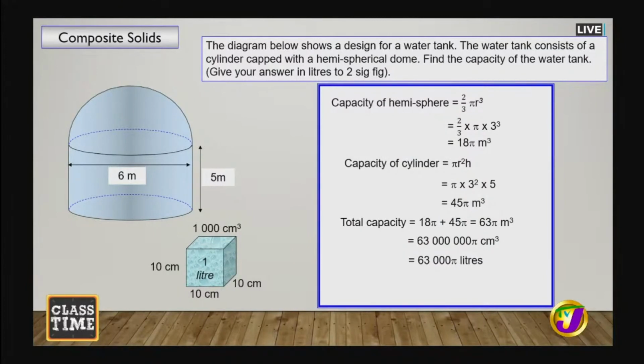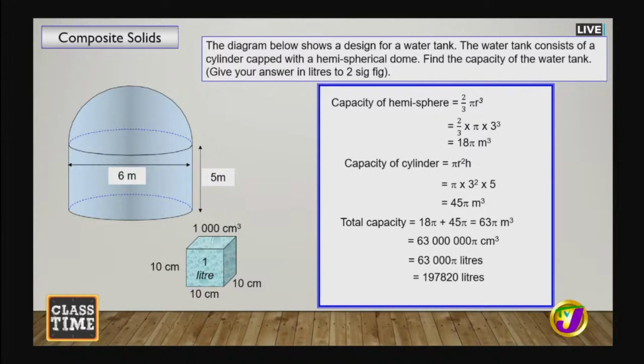All right, so notice that we're asked to give it to two significant figures, and seeing that we haven't applied pi yet, we'll multiply that 63,000 by 3.14 as we had done previously, and we will get 197,820 liters.